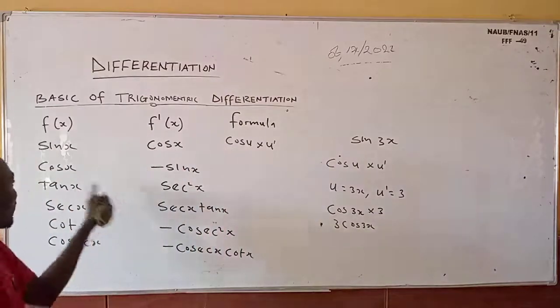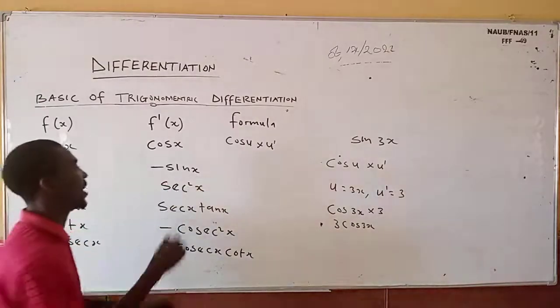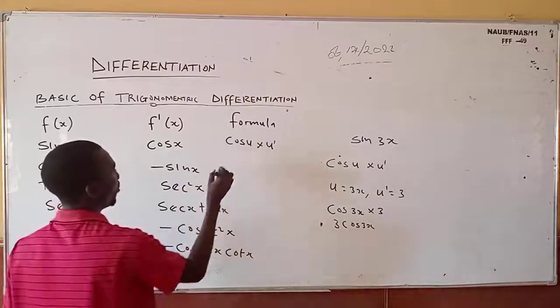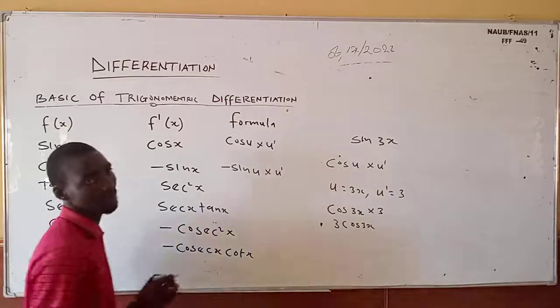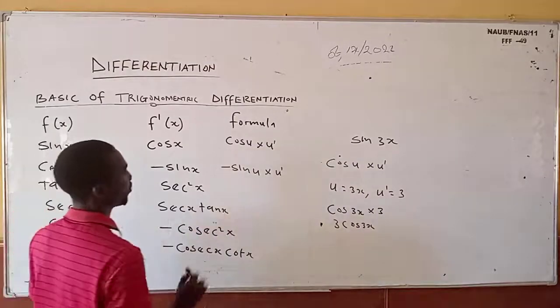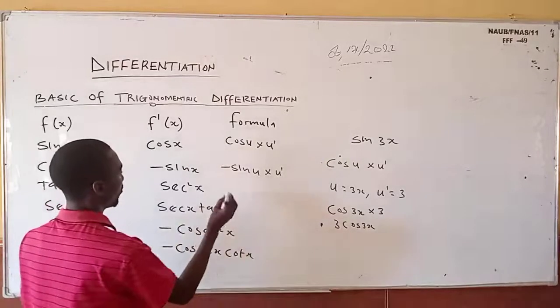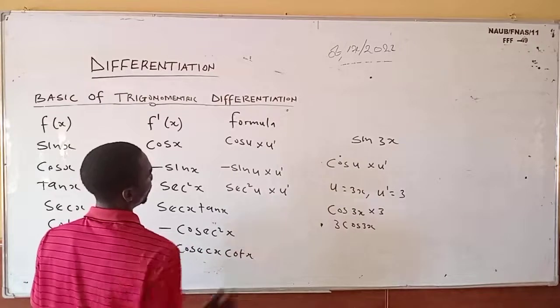So now, let's go for cos. If we have cos, this is the answer, right? So write the answer, but we are going to write our s in terms of u: minus sine u multiplied by u prime. Anywhere you see s, put your u then times u prime. That is just the formula. It's as easy as that. So sec square u times u prime.